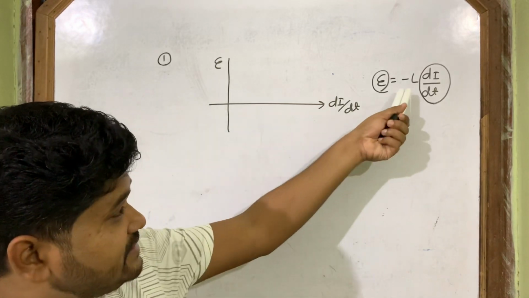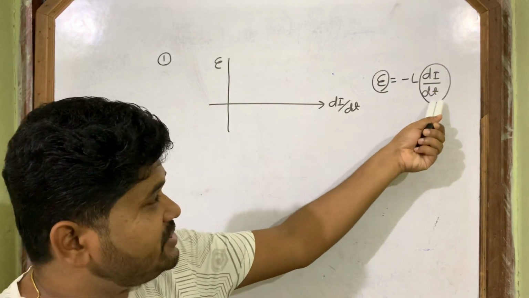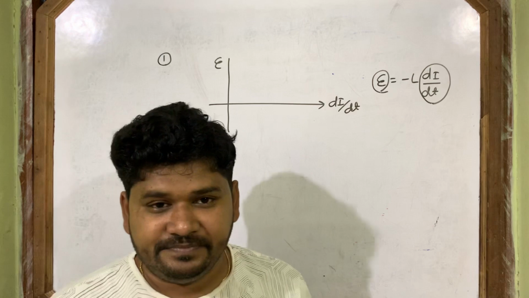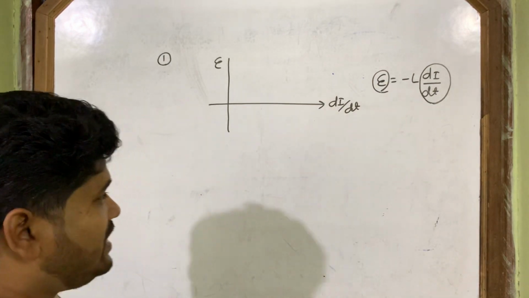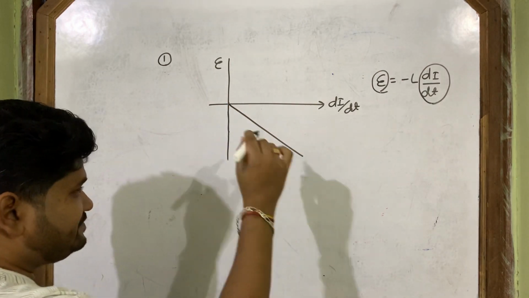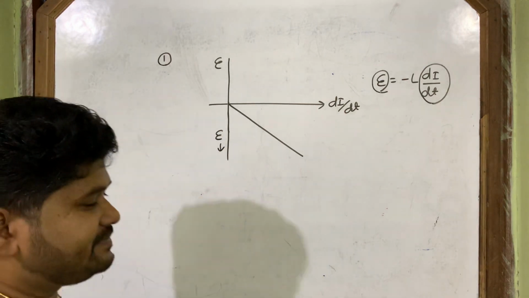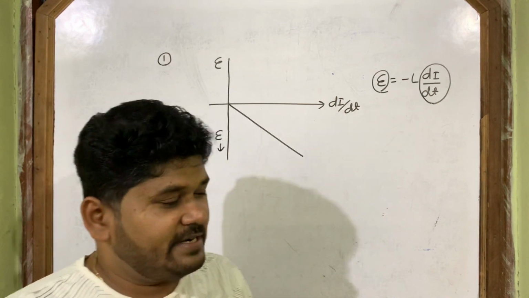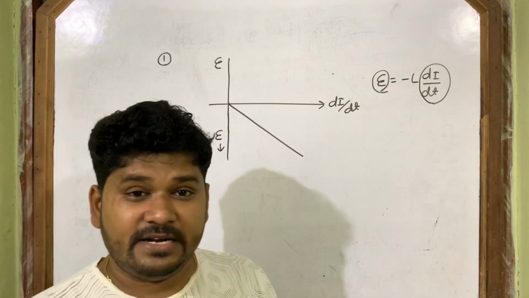But the problem is it's minus. When di by dt is positive, then EMF is negative. So how the graph will be? Graph will be like this, in the negative axis. When di by dt is positive, this induced EMF will be negative but directly proportional.